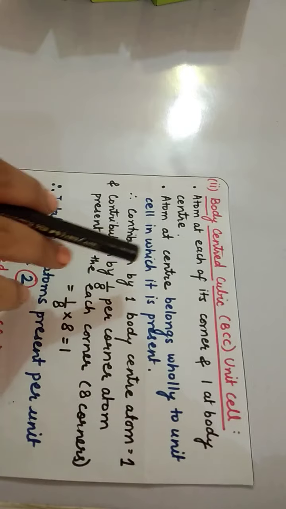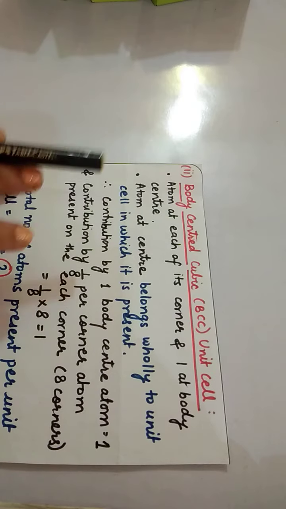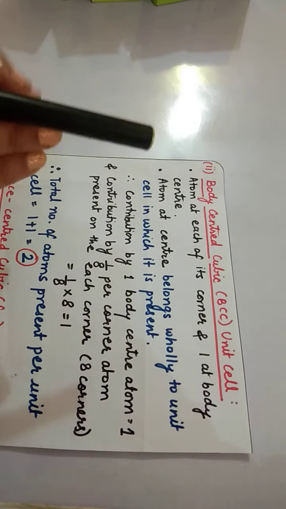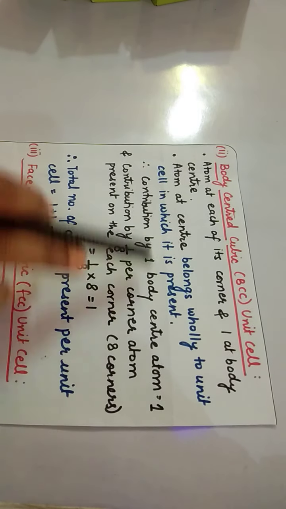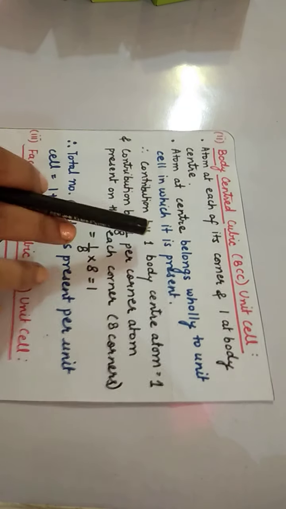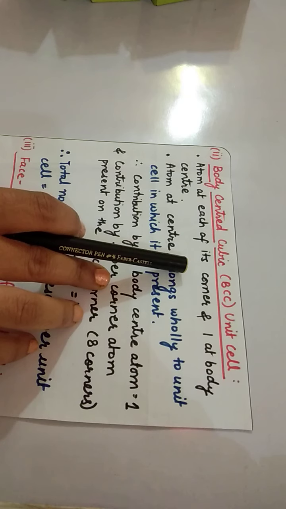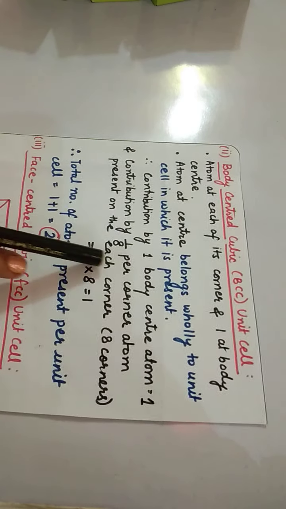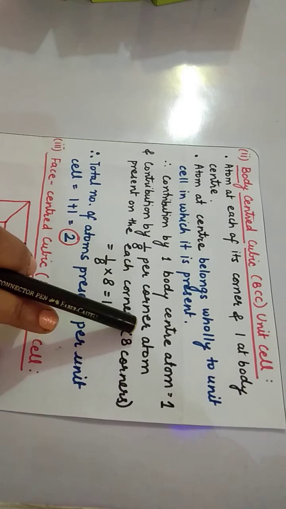Now we'll move to the body centered unit cell. Body centered, you all know, has atoms at the 8 corners and one at the center of the body. The one at the center of the body is not shared, so its contribution will be 1. At the corners it is the same: 8 corners, each shared between 8 unit cells, so contribution is 1/8 per corner atom.